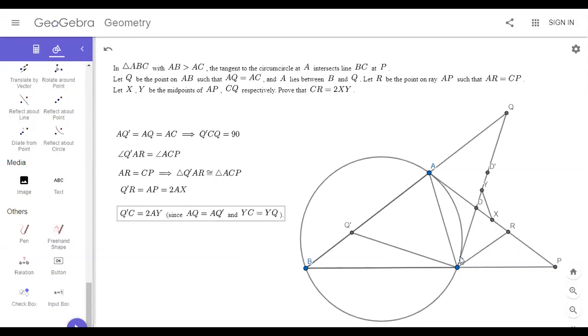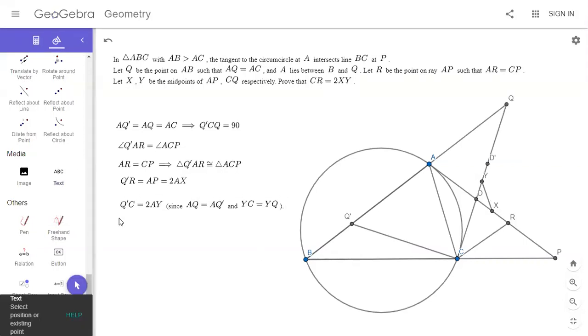So we want to show that angle RCY is equal to angle DYX. Let's see. Okay, let me write out some stuff here. Hmm.